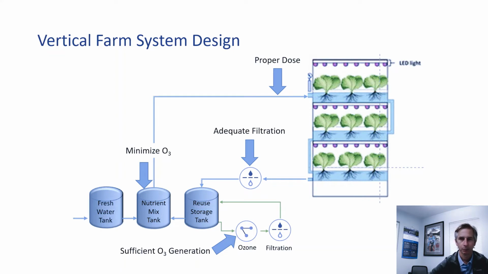It will cause a precipitate, and if you have too much concentrated iron with concentrated ozone, you can create a precipitation problem, which can be avoided with proper system design. So that wraps up my review of the vertical farm and the use of ozone for keeping the irrigation water clean and disinfected.